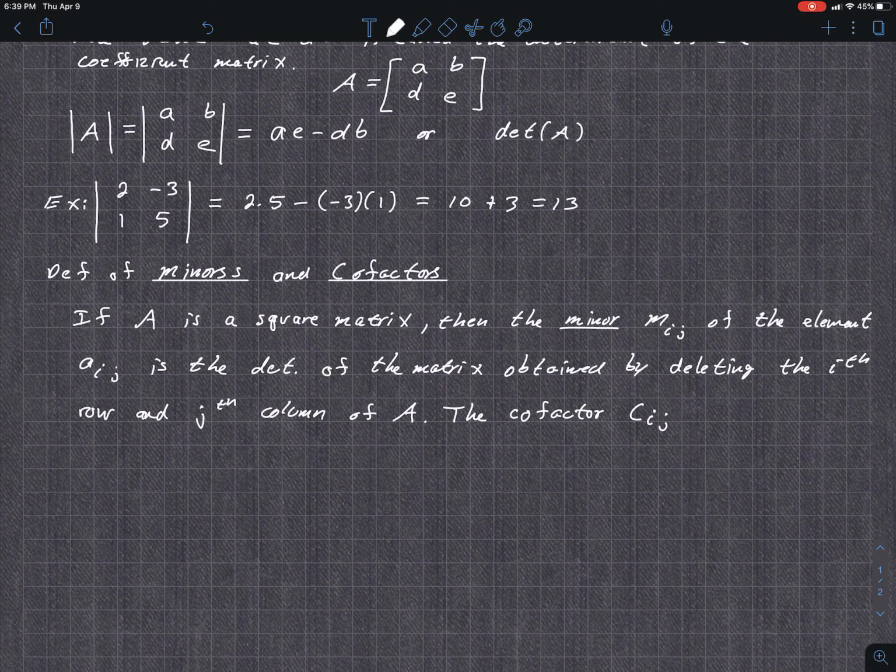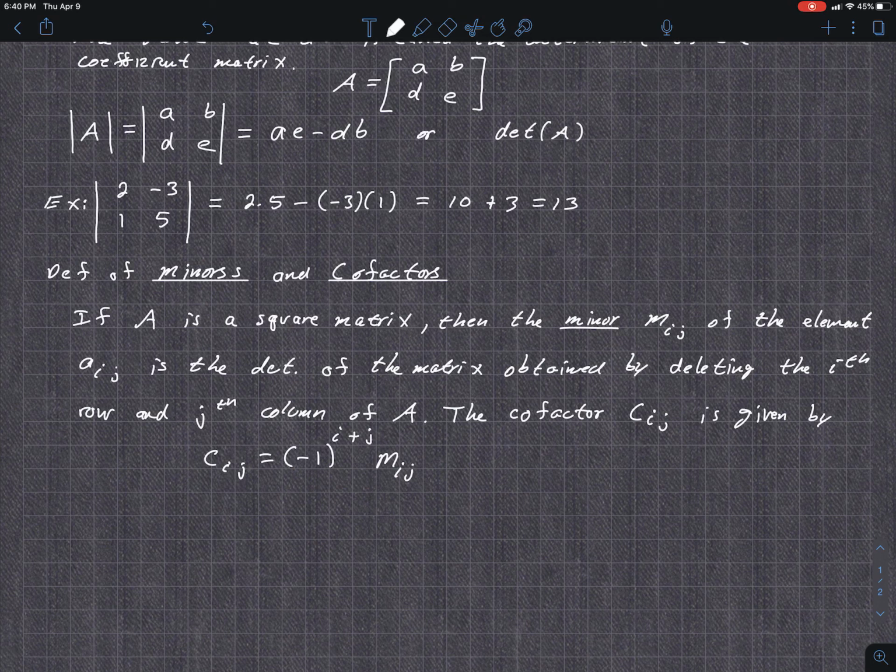The cofactor Cij, corresponding to Aij, is given by Cij equal to negative 1 raised to the i plus j, times Mij.